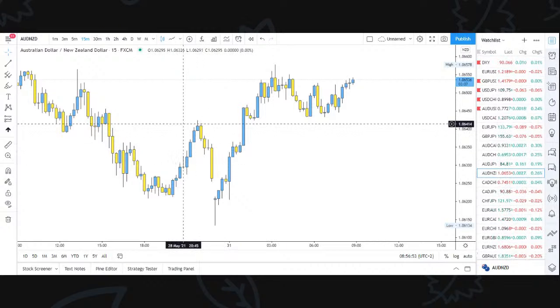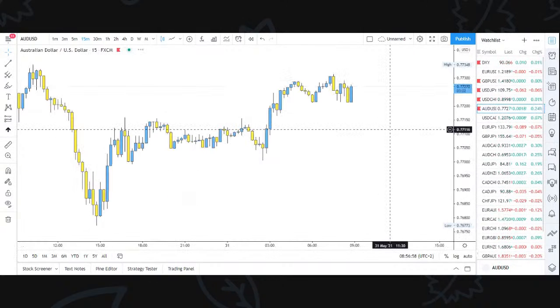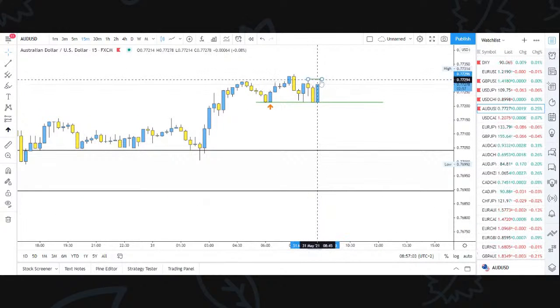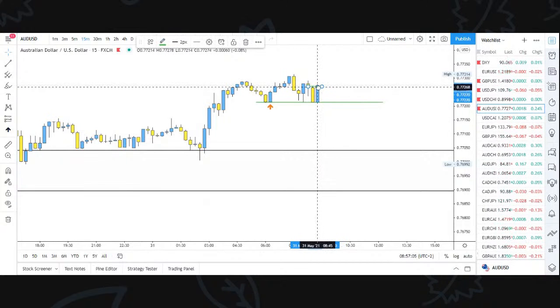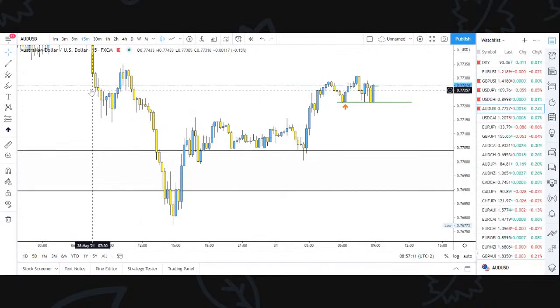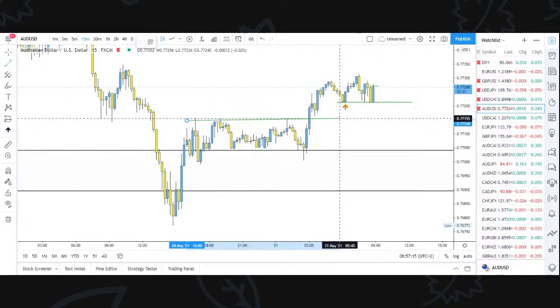So there's a possibility that if this closes anything above this right here, we can then look for buys based on the fact that we're in an uptrend intraday, because we took out these levels.